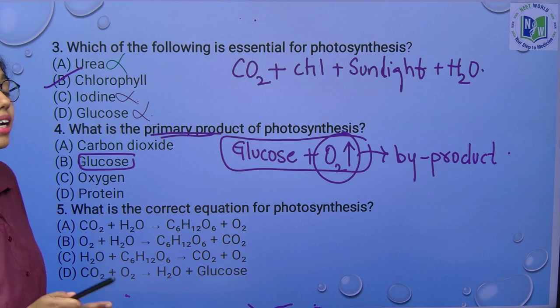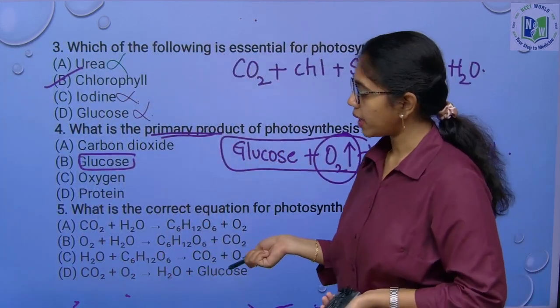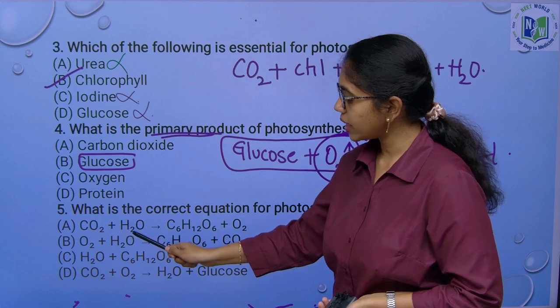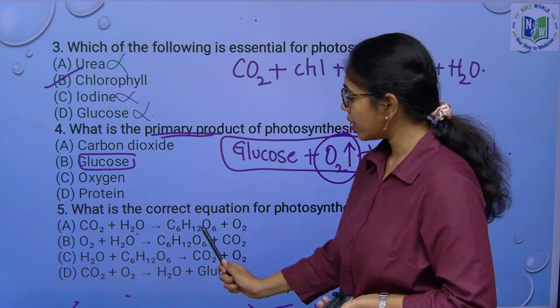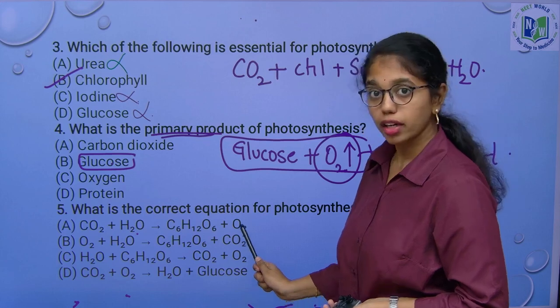What is the correct equation of photosynthesis? This is a skeleton equation provided, that is carbon dioxide and water, which are the raw materials, giving out the primary product glucose and a byproduct oxygen.